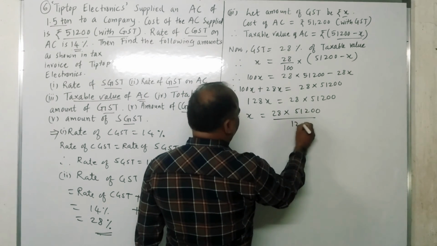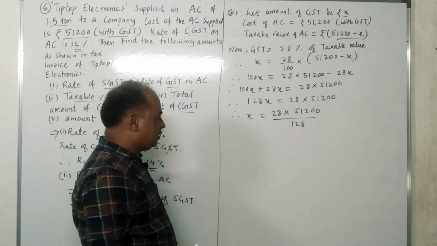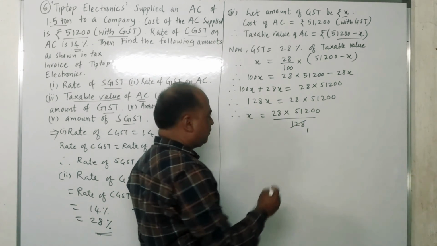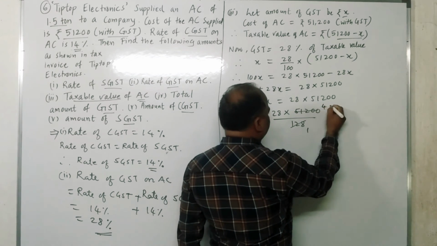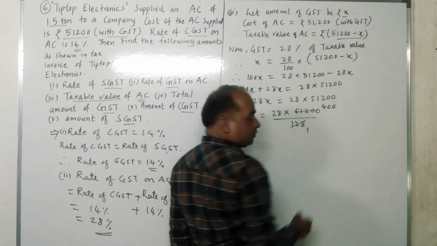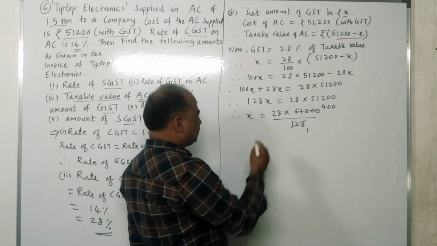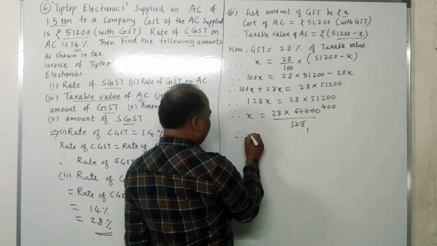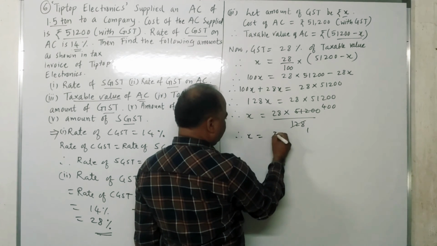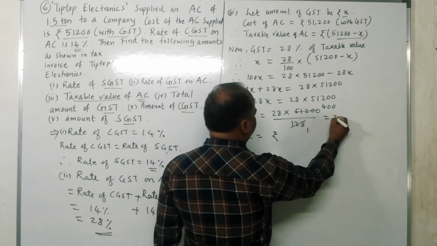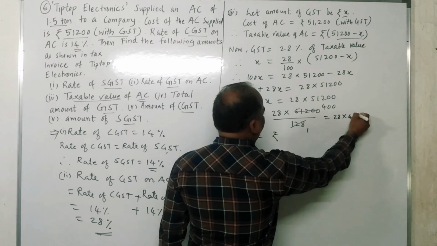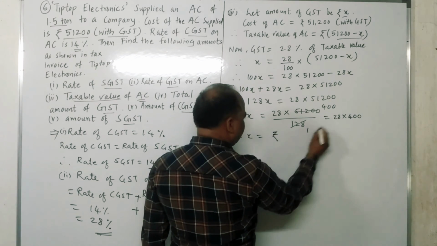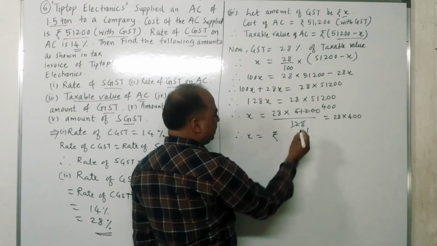So here 128 ones are 128, 128 fours are 512. So that is 400. So 28 into 400 multiplied, you will get x is equal to 11,200 rupees.